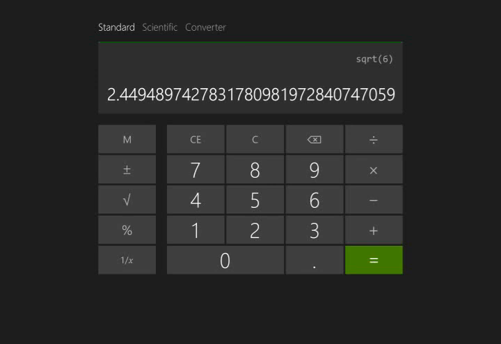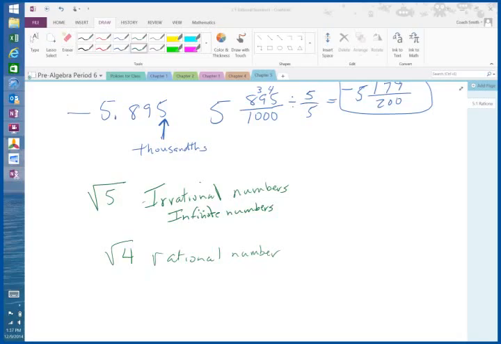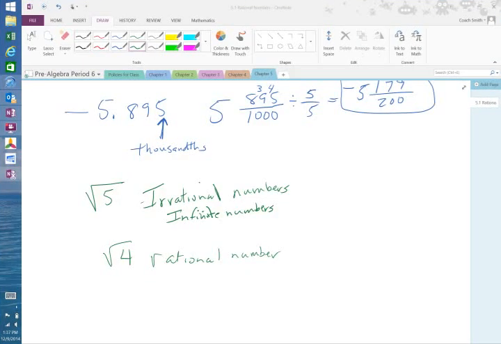They've rounded 2.449 off to 2.45. So irrational numbers are numbers that are infinite. They never stop. Everything that we're going to be dealing with today are going to be rational numbers. There won't be any irrational numbers that you're going to have to work with today, but they do want you to understand what an irrational number is.